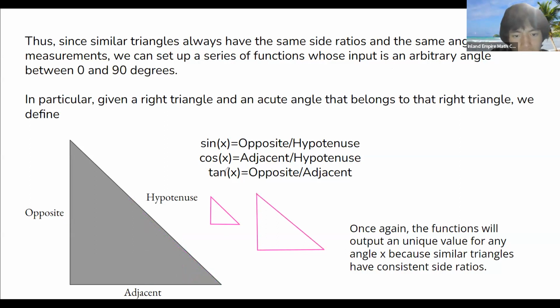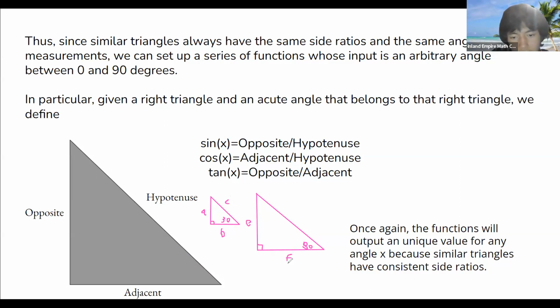So let's say these are my two triangles, and they both have an angle of x. Actually, in particular, let's call this one 30 degrees. So this right triangle has a 30-degree acute angle, and this right triangle also has a 30-degree acute angle.